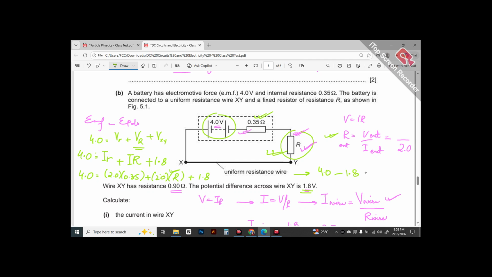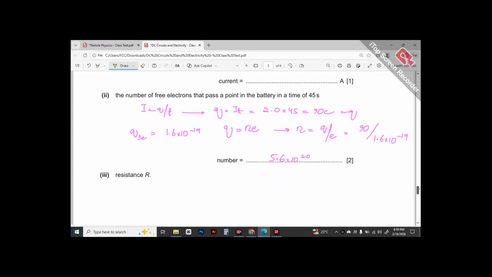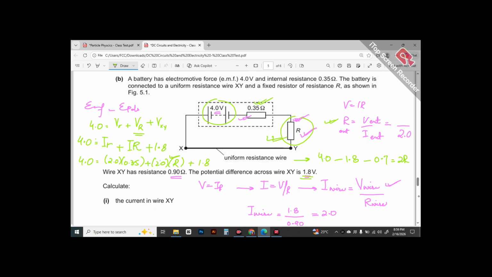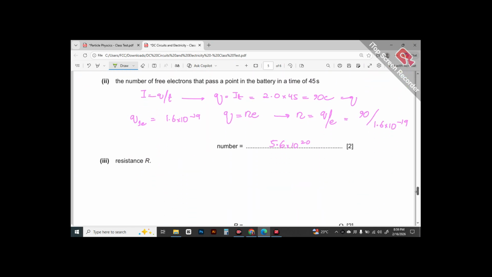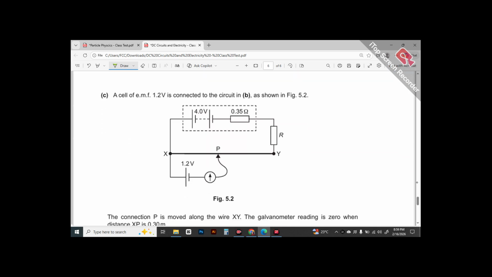This becomes minus 1.8, then it becomes minus 2 into 0.35, 0.7. This gives you 2 times R, and you divide it with 2 to get the value of R. And your answer to this R would be 0.75 ohms.